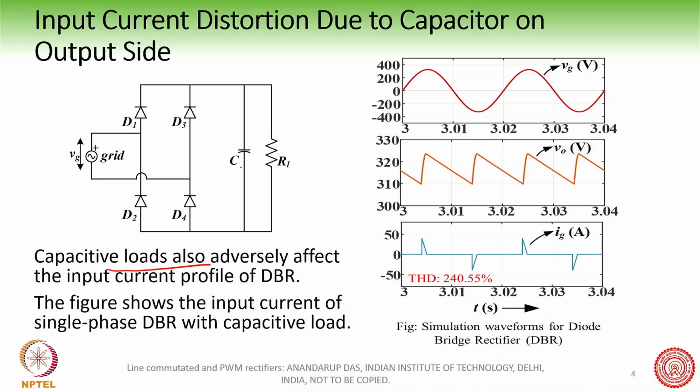Here, suppose we have an RC load. This is typically used for producing some form of an output voltage. You can see that the output voltage V0 has a DC value with some ripple.